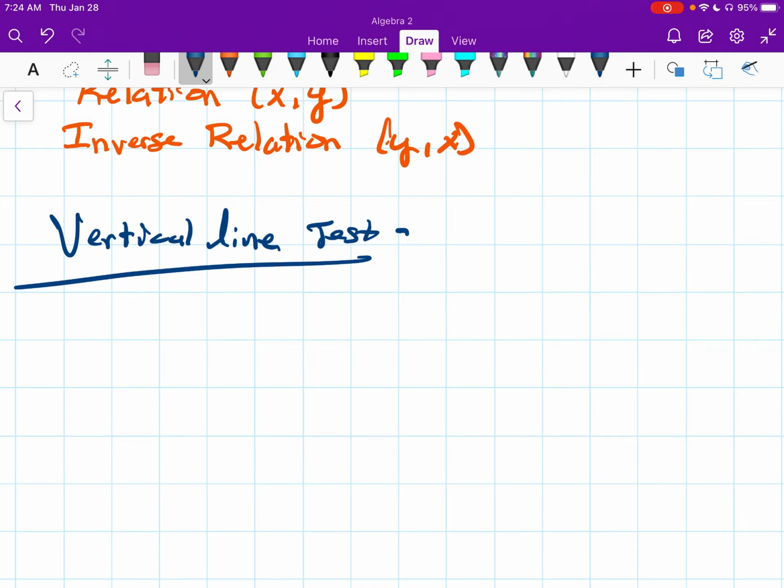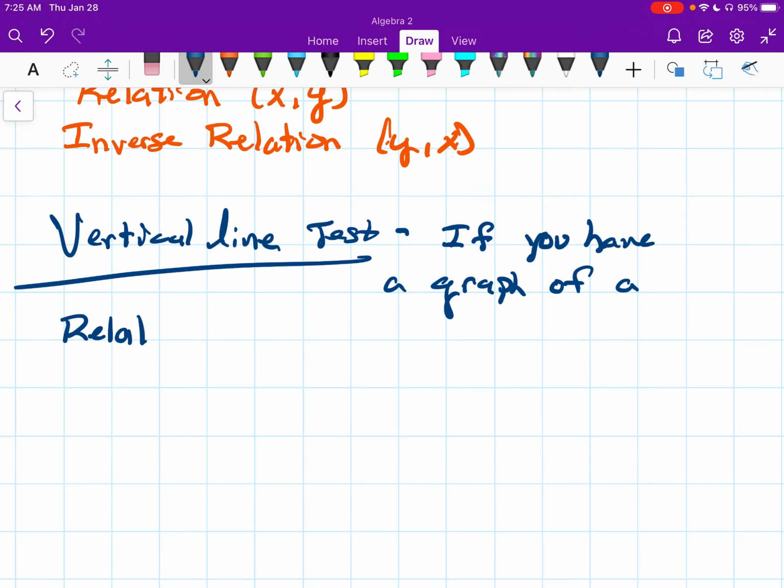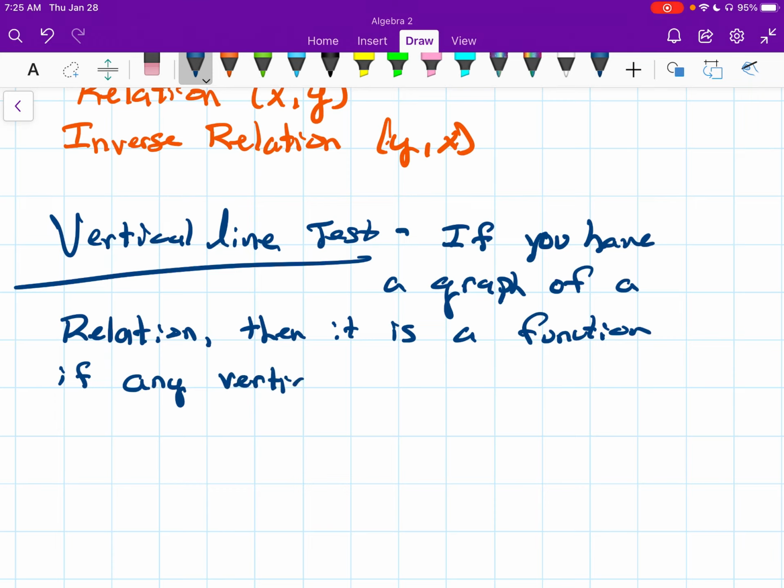If you have a graph of a relation, then it is a function if any vertical line only touches the graph once.